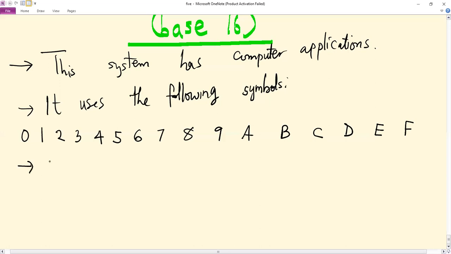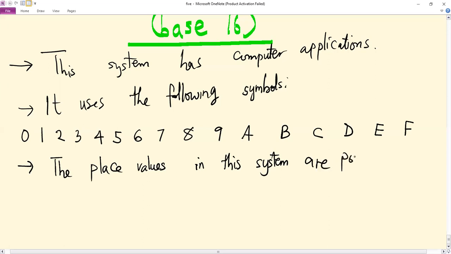And then the place values in this system are powers of 16.